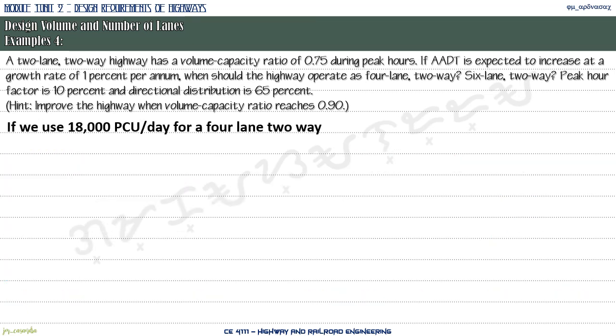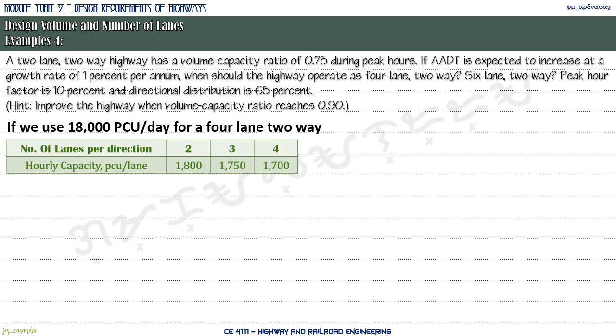Okay. So next, if we use now 18,000 PCU per day, the current or the present AADT for a 4-lane two-way, using this table again, so it's a 4-lane, so we still have the capacity 2 times 1,800.